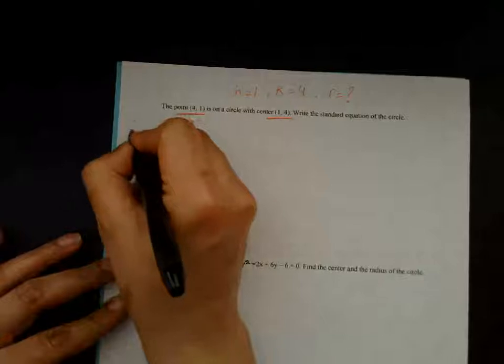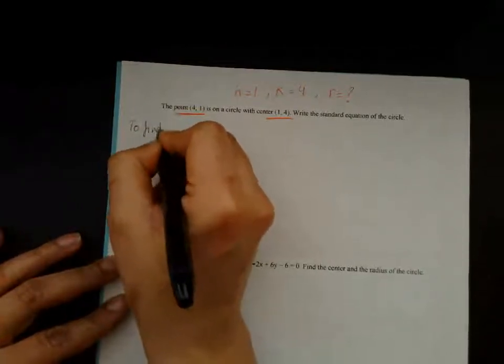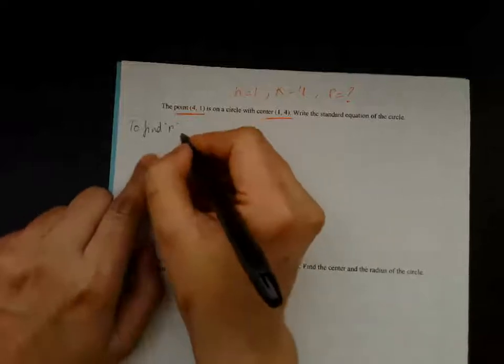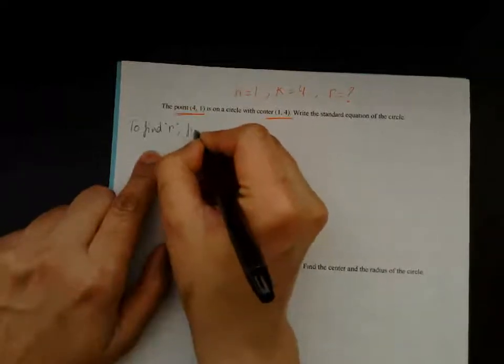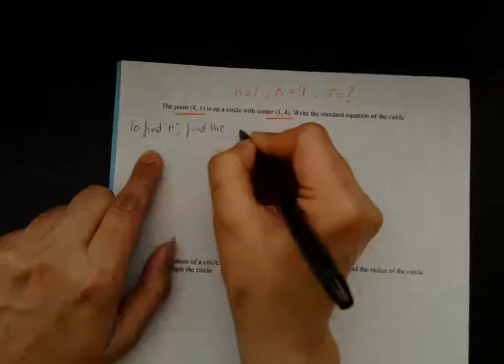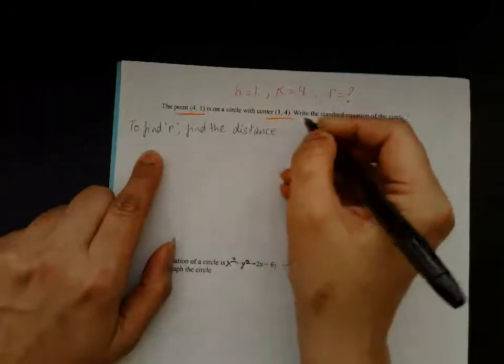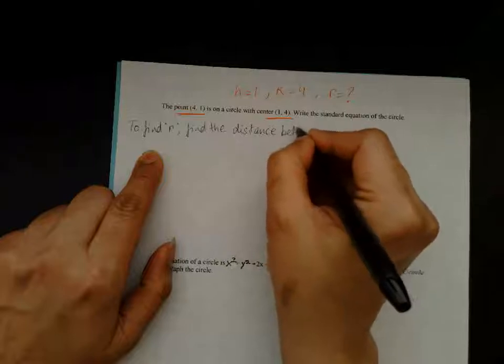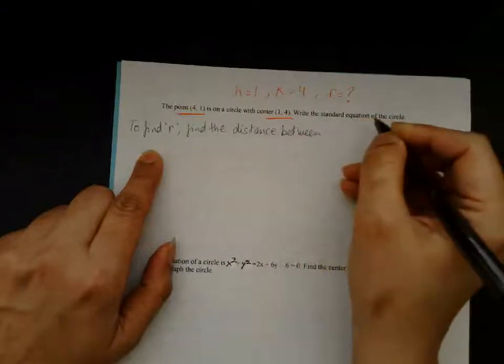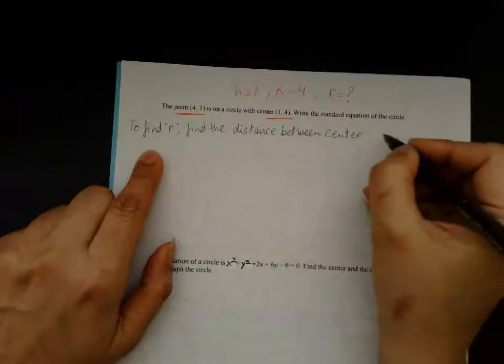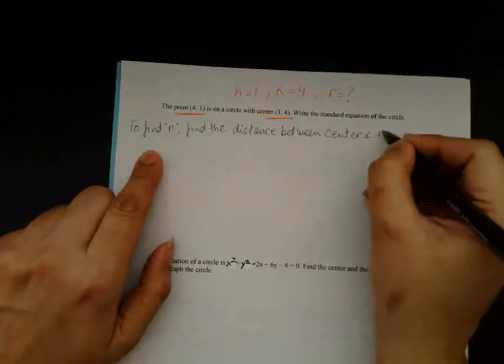To find r, we have to find the distance between the center and the given point.